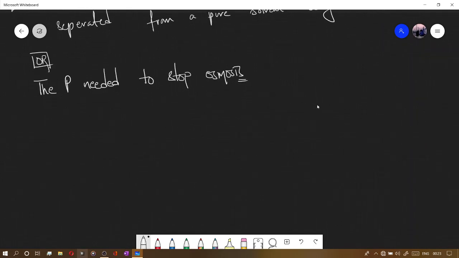Now let's come to some formulas that you will encounter in physics. Pi equals iCRT. I is the dissociation constant, C is the molar concentration, R is the universal gas constant, T is temperature in Kelvin.